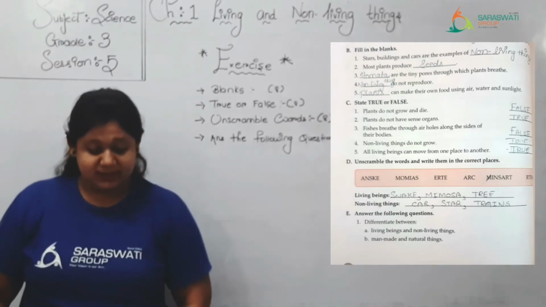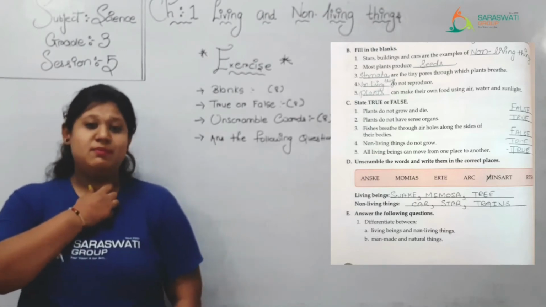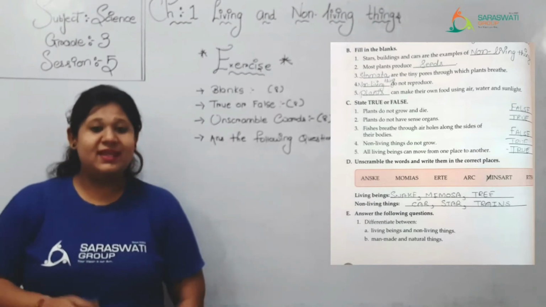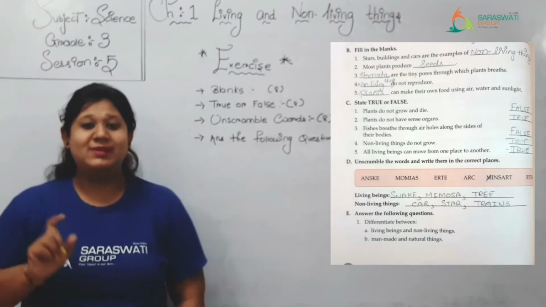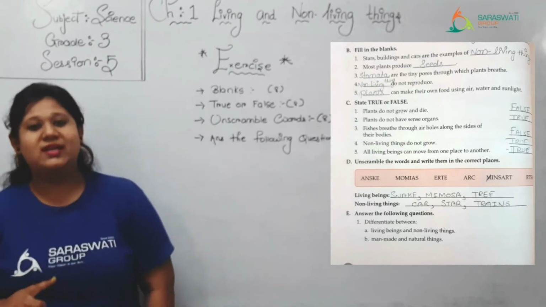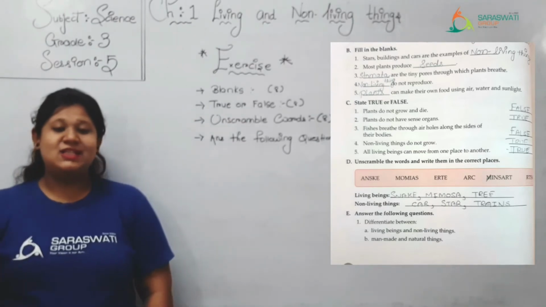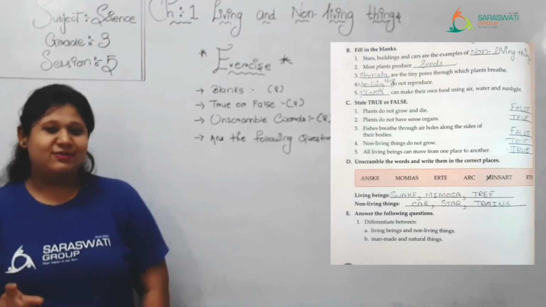Now all living beings can move from one place to another. मतलब living beings तो जा सकते हैं, but सारे के सारे living things नहीं जा सकते हैं, right? तो living beings पूछा है तो हम इसमें true लिख सकते हैं. अगर वहाँ पर living thing होता सारे के सारे तो plants भी आ जाते. तो plants एक जगह से दूसरी जगह मूवमेंट नहीं कर पाते, तो वहाँ पे आता false.